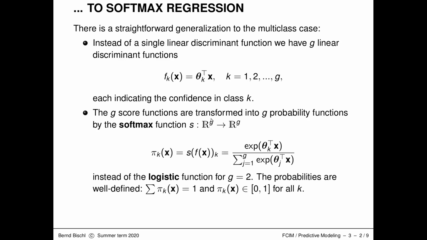The softmax function takes a G-dimensional score vector and transforms it into a G-dimensional vector again, in a rank-preserving manner, through this formula.